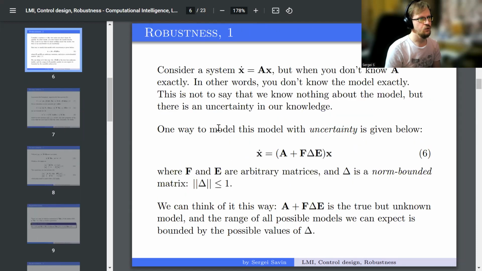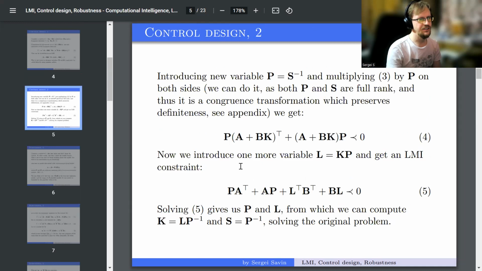Remember the good days when we only needed this as a control design in the beginning of the lecture? For discrete systems, you cannot do this, because your discrete Lyapunov equation looks like A P A transpose plus, what, plus P or minus P, less than or equal to 0.